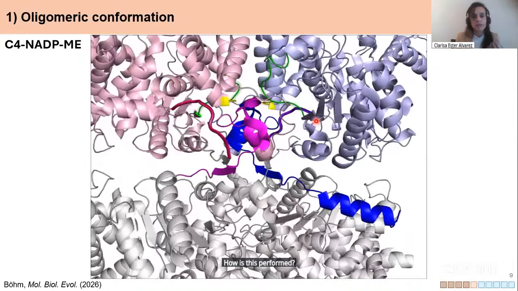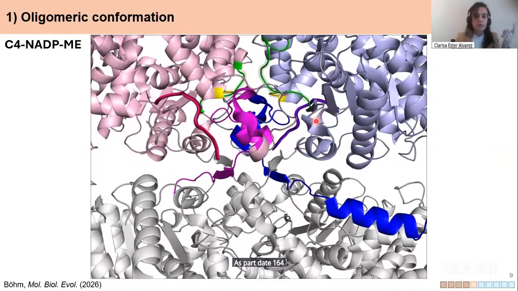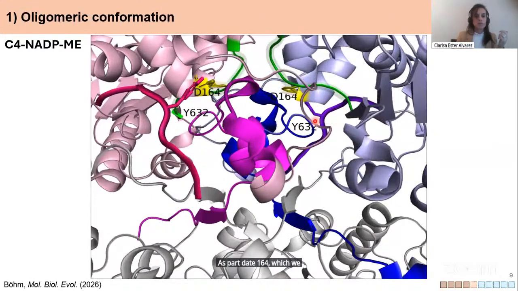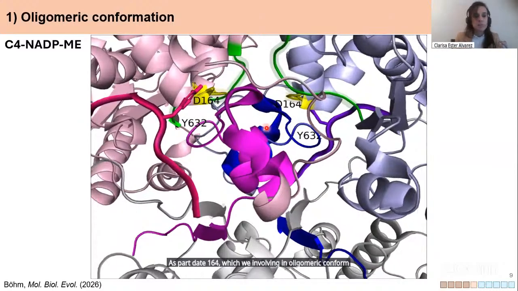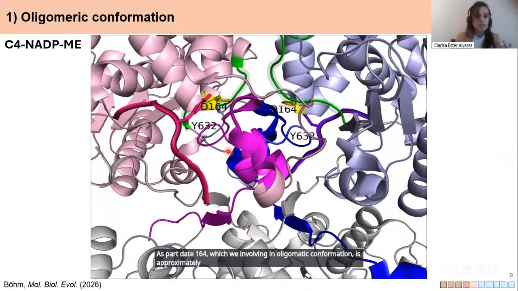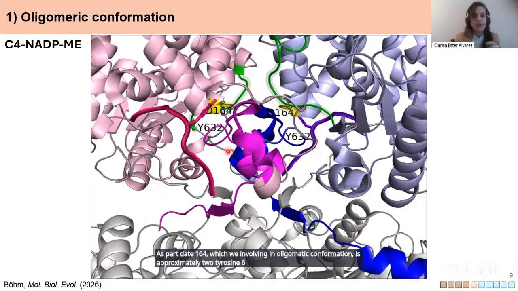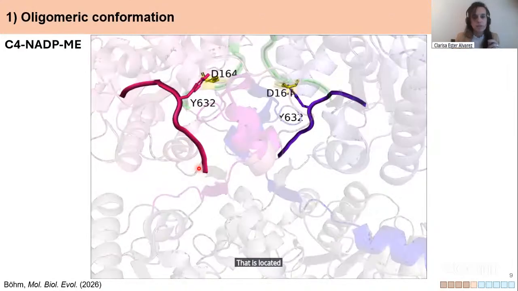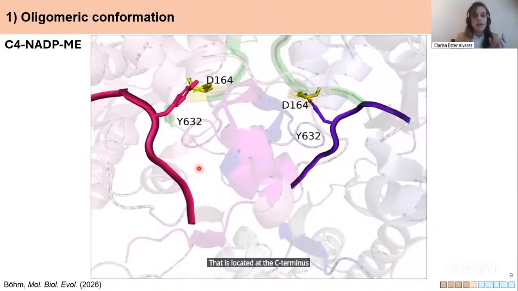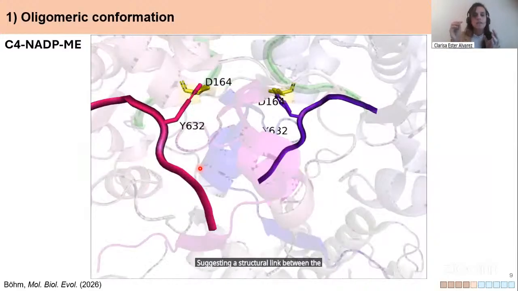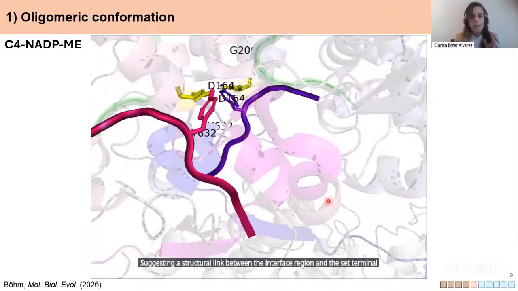Aspartate 164, which we talked about as being involved in oligomeric conformation, is proximate to tyrosine 632 that is located at the C-terminus, suggesting a structural link between the interface region and the C-terminal domain.